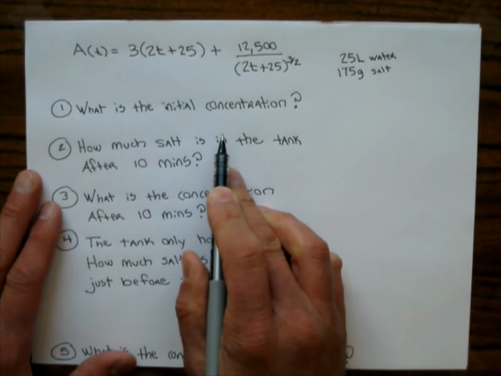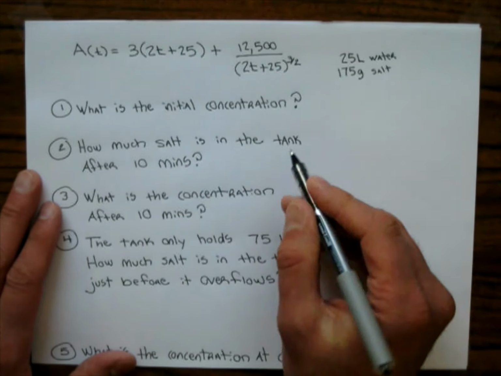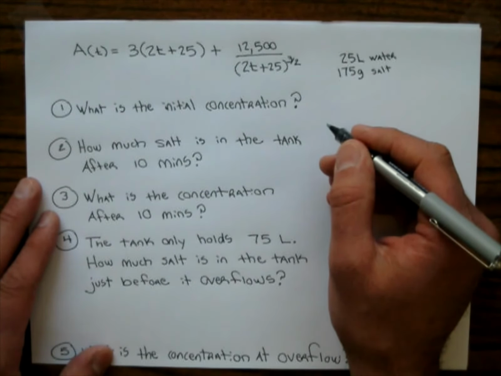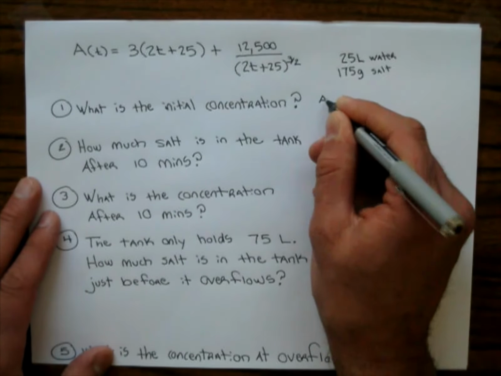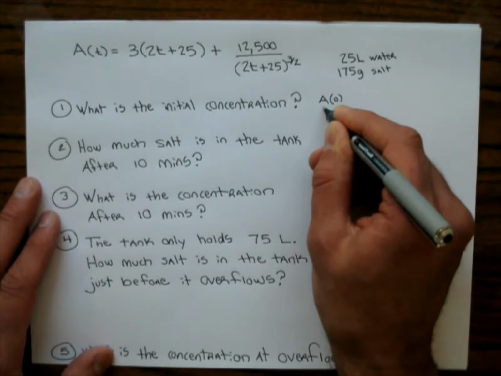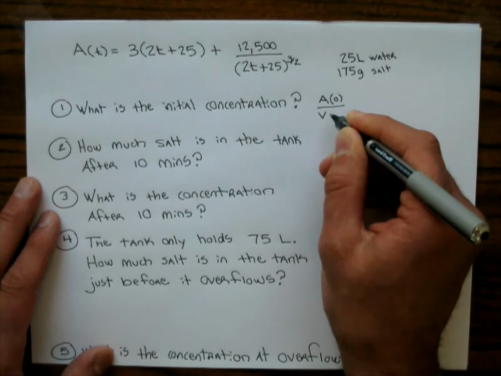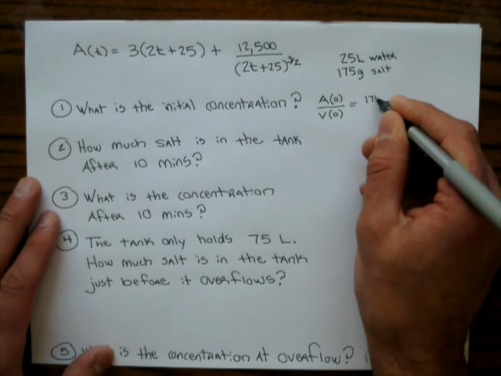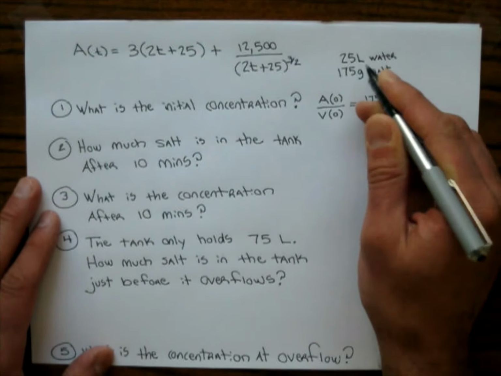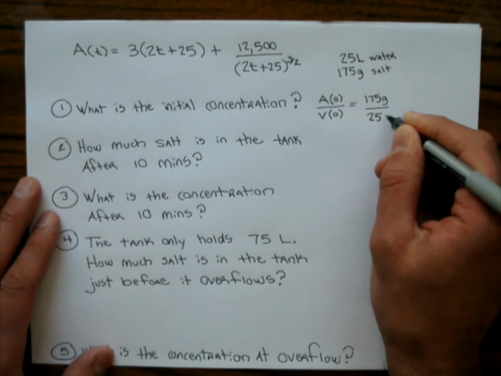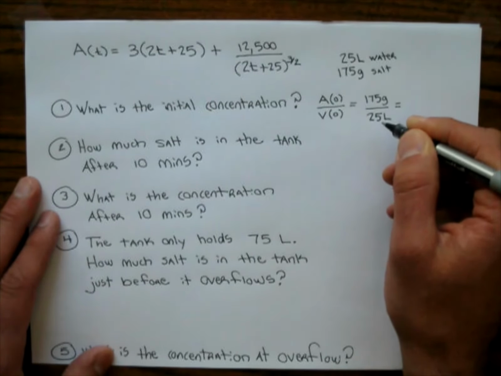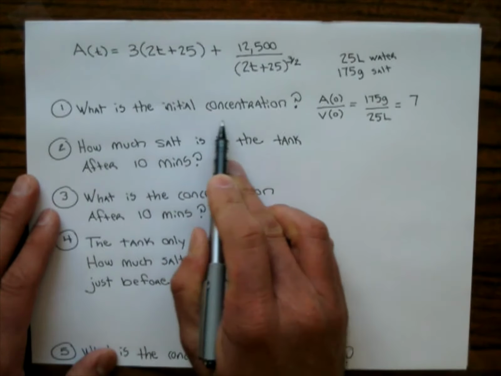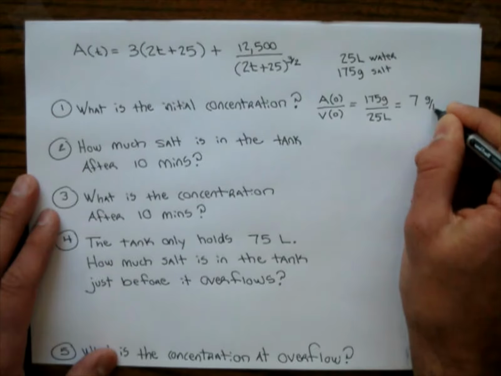So the initial, the beginning concentration is you are going to take the 175, which happens to be the amount at time 0, and put it over the volume at time 0. So the amount at time 0, we said is 175 grams and 25 liters. So, 25 goes into 175, I think 7 times. So the initial concentration is 7 grams per liter.